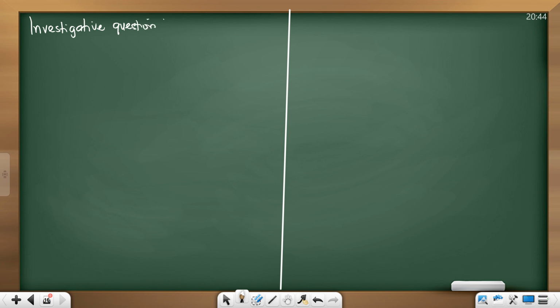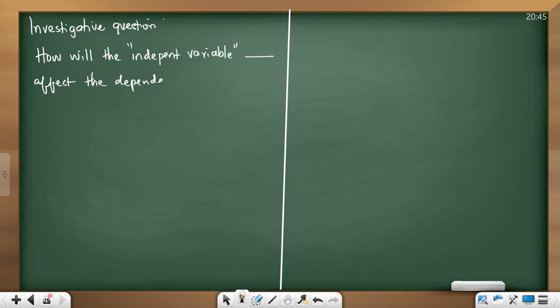All right, this is what you do. How will you state what the independent variable is affect the dependent variable. You also state what the dependent variable is.